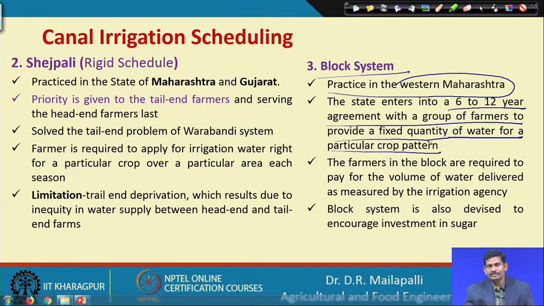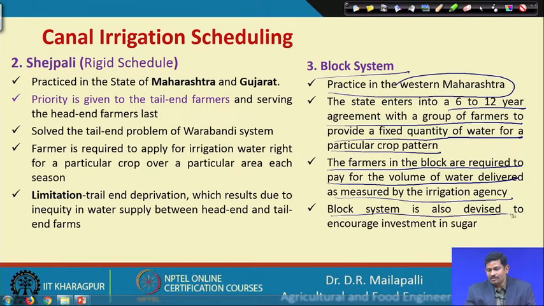After that, the particular block is given water. Okay. The farmers in the block are required to pay for the volume of water delivered, as measured by the irrigation agency. So, the farmers belonging to that block need to pay the irrigation cost.